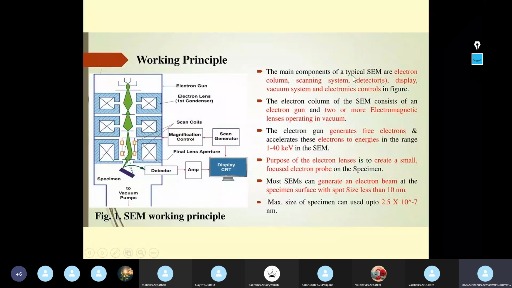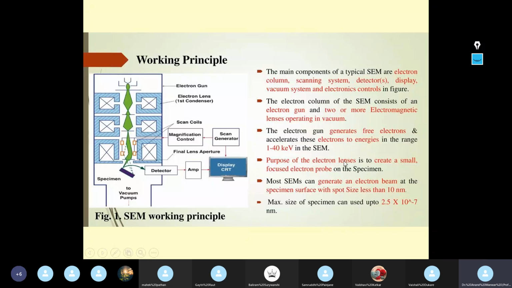As I stated, the main components of a scanning electron microscope are the electron gun, then the electron column, the scanning system, which includes the detector, then the display system and electronic controls. You can see in this figure.